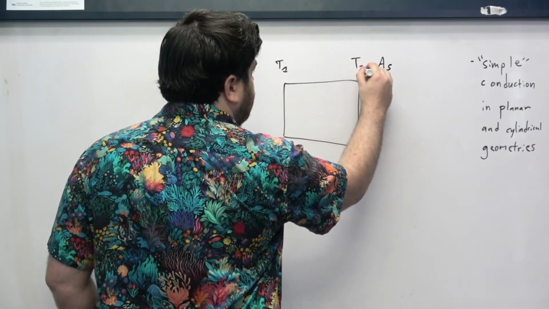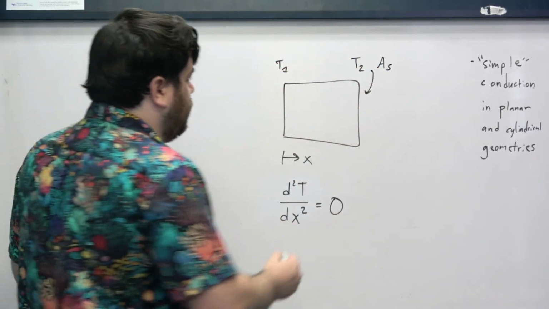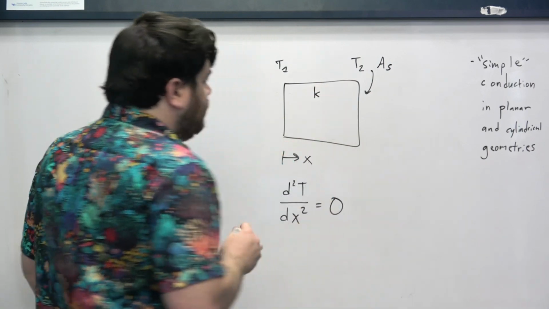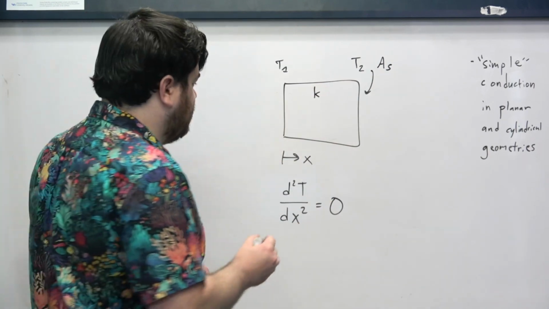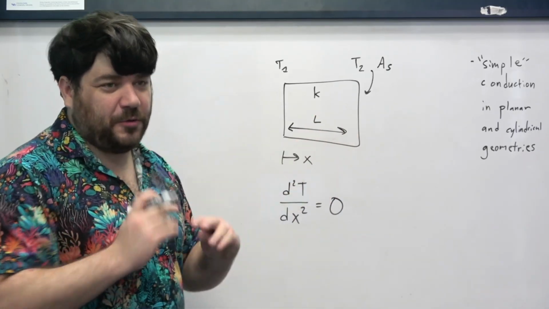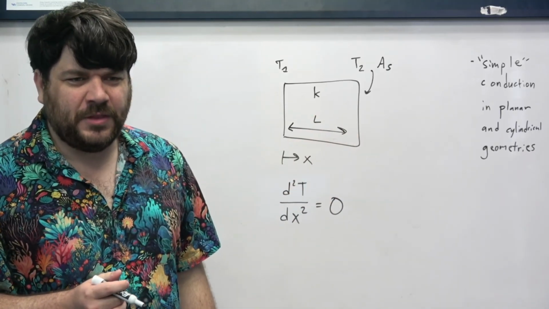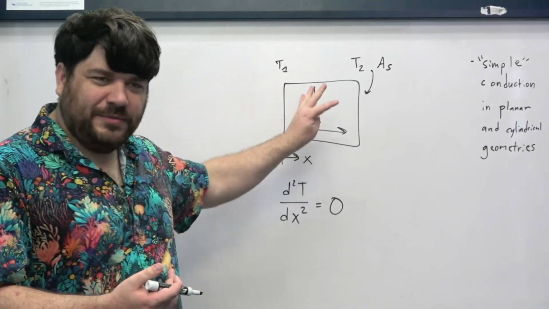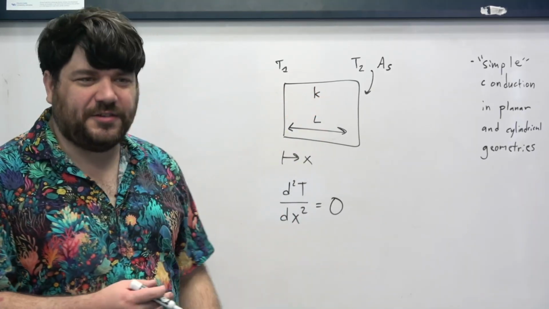Now, let's suppose that this wall had a cross-sectional area As, and that either side of this wall had temperatures T1 and T2. We can also say that the wall has some thermal conductivity k, and that it has some length, or thickness, L, all right? So how do these properties factor into this analysis?